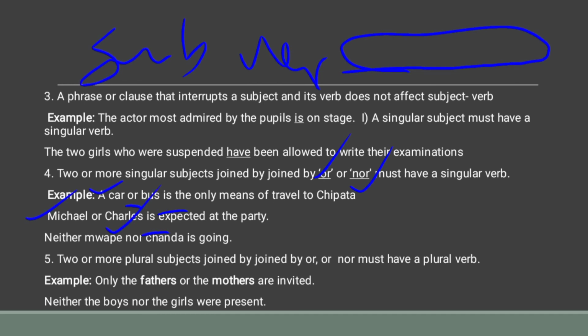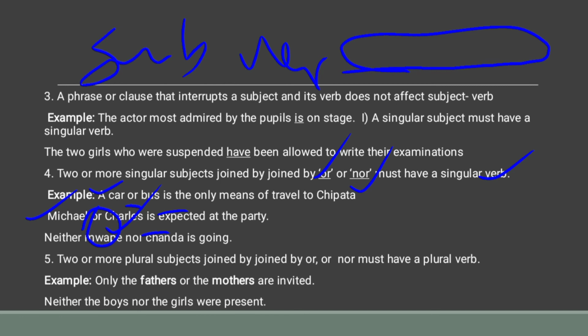Then the 2 subjects have been joined by what? The word or. According to rule number 4, we've been taught to say when 2 or more singular subjects are joined by or or nor, then we must have what? Singular verbs. That's why we have is there.